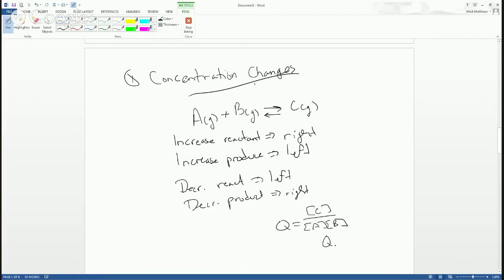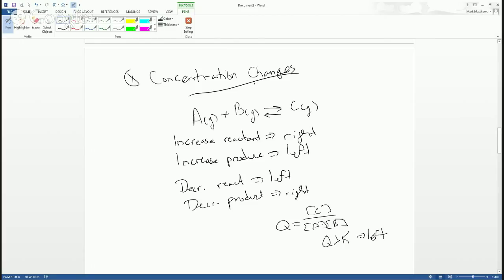So that's going to cause Q to get bigger. And if it was already at equilibrium, you're going to make it bigger than the equilibrium constant. So when your Q is bigger than the equilibrium constant, the system will respond by shifting to the left.